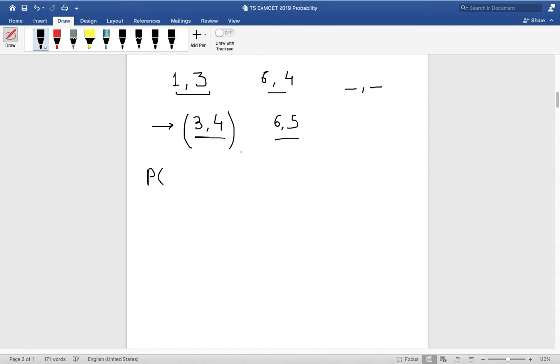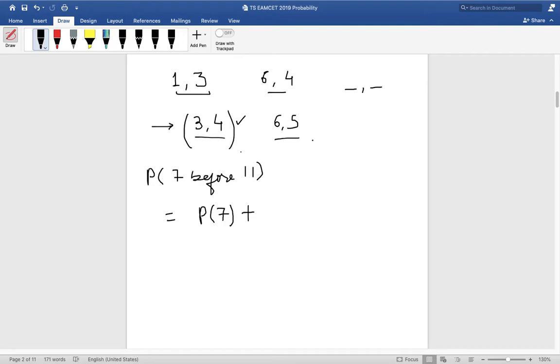So probability of 7 before 11 will be something like this. Say I roll the dice for the first time and I get the 7. That's it. I rolled the dice and I got 3 comma 4 on the first trial itself, so I'll stop right here. But if I don't roll 7 on the first attempt, what happens in the second trial?